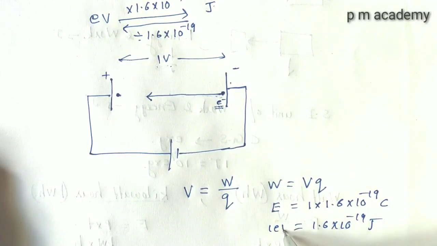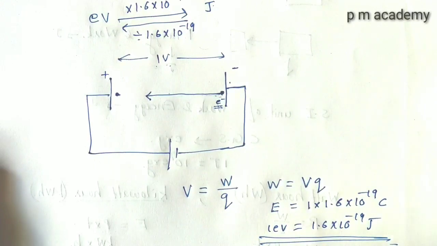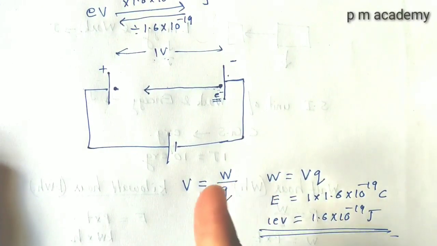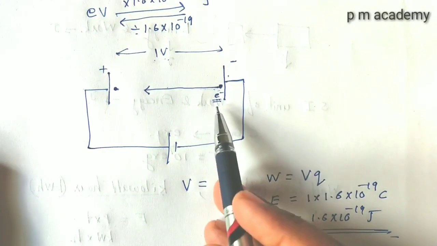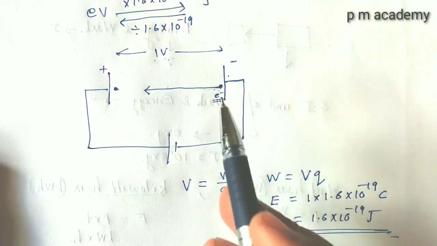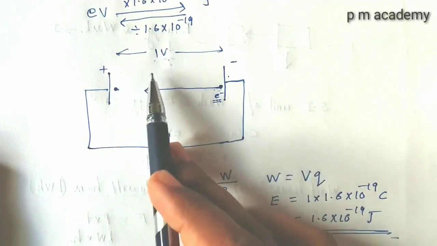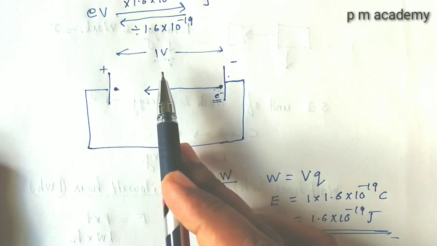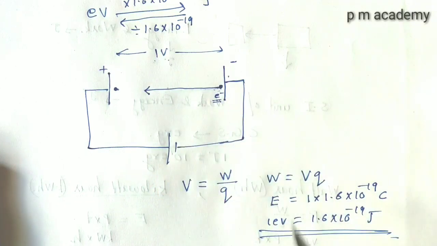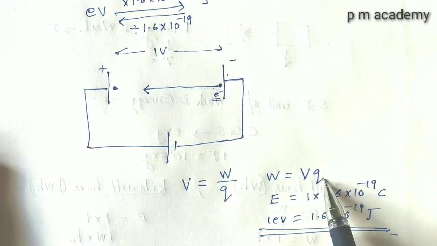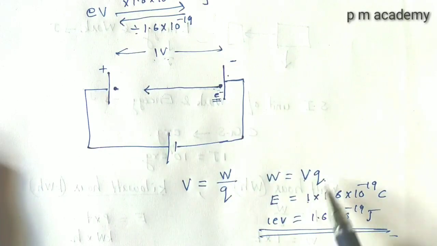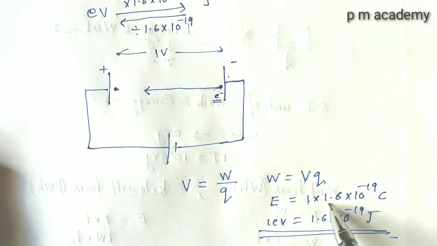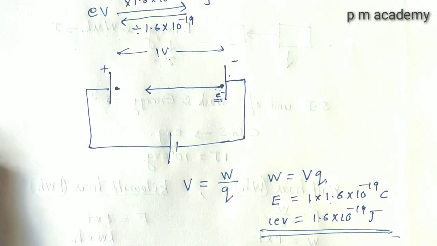It is known as 1 electron volt. 1 electron volt is the energy acquired by an electron when it is accelerated through a potential difference of 1 volt. The energy acquired by the electron is V into Q. Here V is 1 volt, and Q is the charge of the electron, 1.6 into 10 raised to minus 19 coulomb. Therefore 1 electron volt is equal to 1.6 into 10 raised to minus 19 joule.